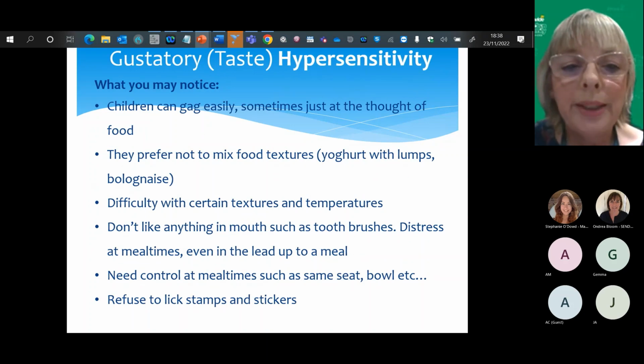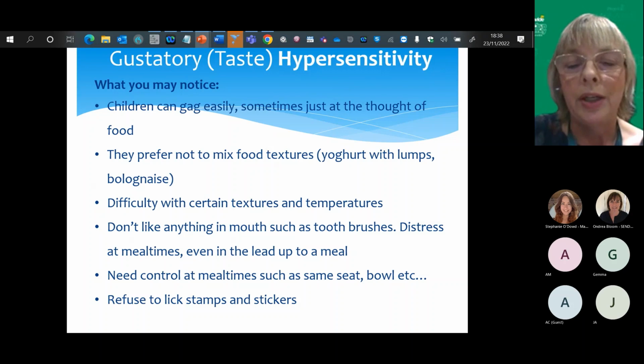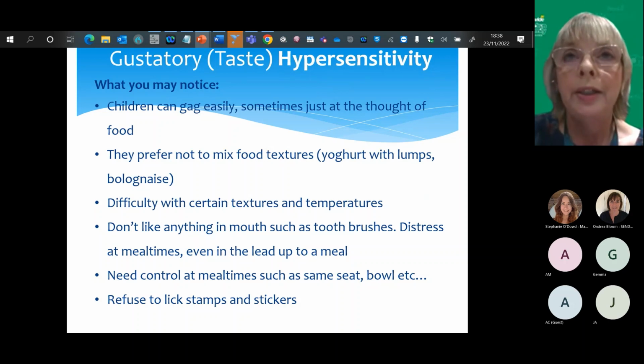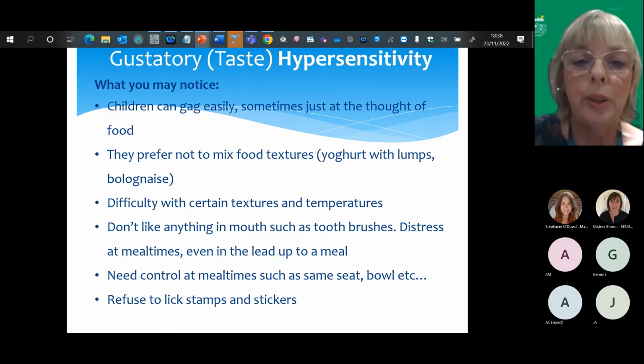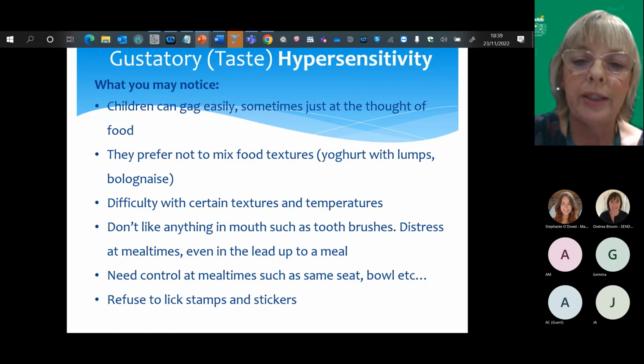Children with taste hypersensitivity, particularly if it's linked in with smell. Taste hypersensitivity is, I think, for those of us who don't have it, really hard to understand exactly the extent of it. I'm a feeding trained specialist and I've done a bit of work with children with feeding, and in one of my groups we used to play with food as part of the feeding session.